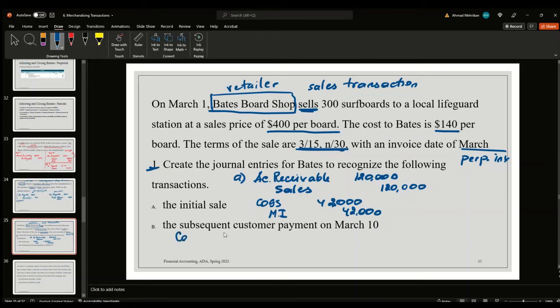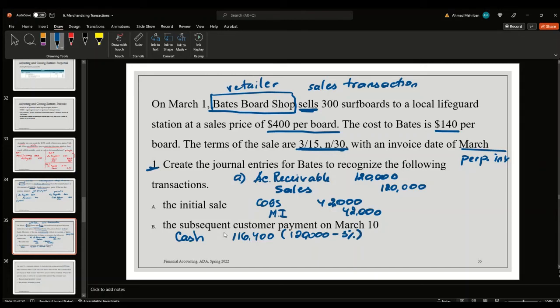So that's going to be cash in, this much. If we break it down, deduct 3%, and that's the cash debit.